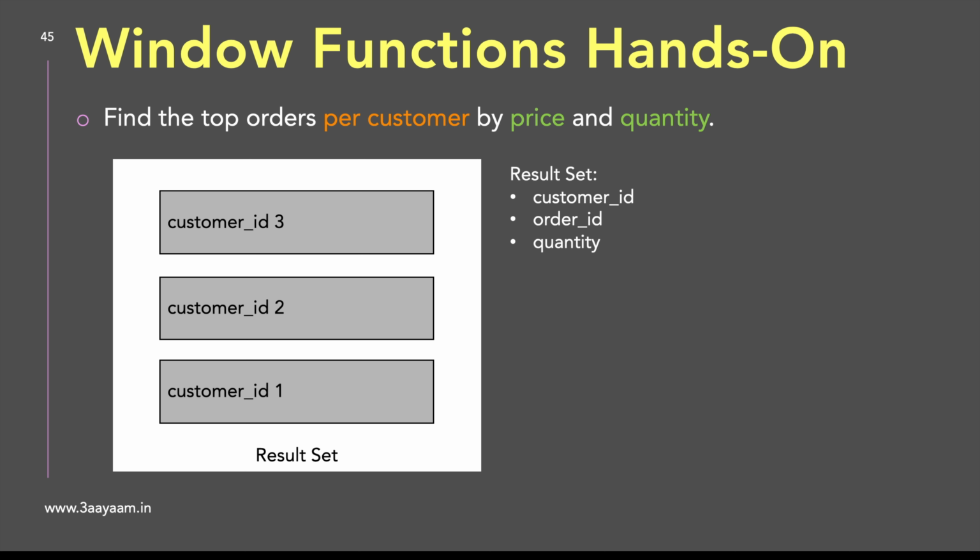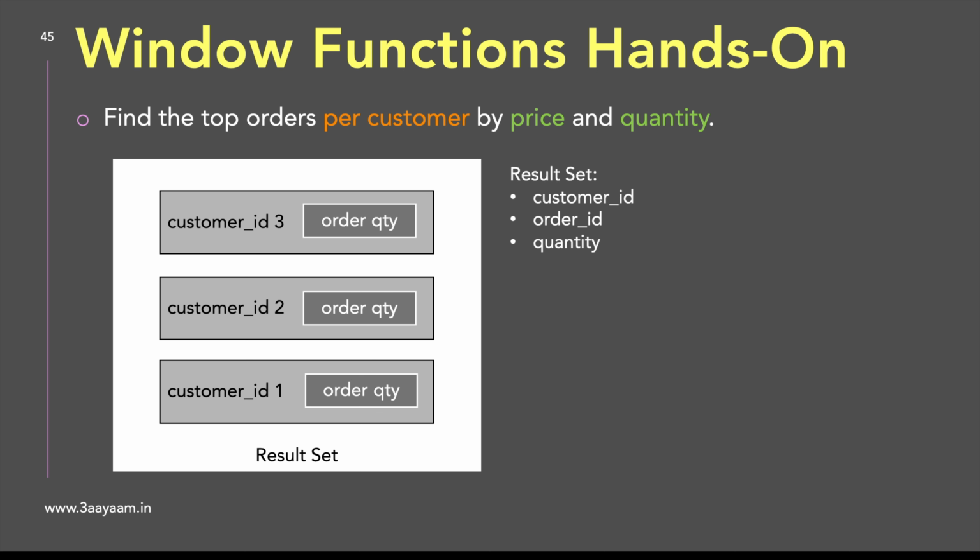And then I want to find out the top orders by quantity. That means the ordering has to be done by a particular column, and in this case, the column should be order quantity. Now we have actually created the diagram for the window function. We know the result set. Result set is just selecting all the rows. There is no where condition as such. There can be where conditions also.